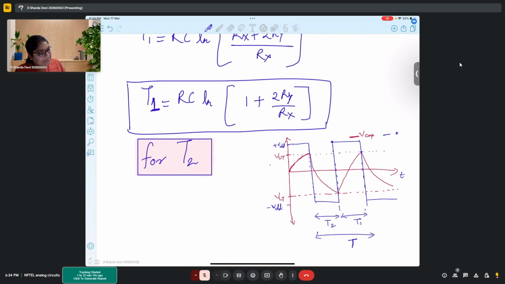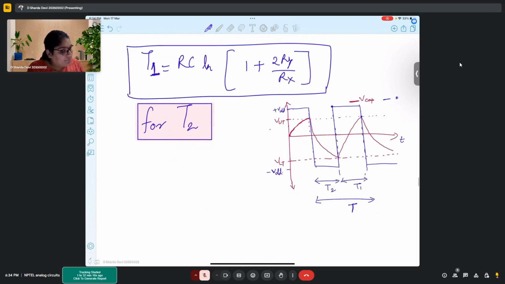See, for calculating T2, we have already said that your VC of 0, the initial condition, the potential of capacitor is at VUT. And if we let it discharge at infinity, the capacitor potential will go to minus VDD, or minus VSAT, anything that you want to say.